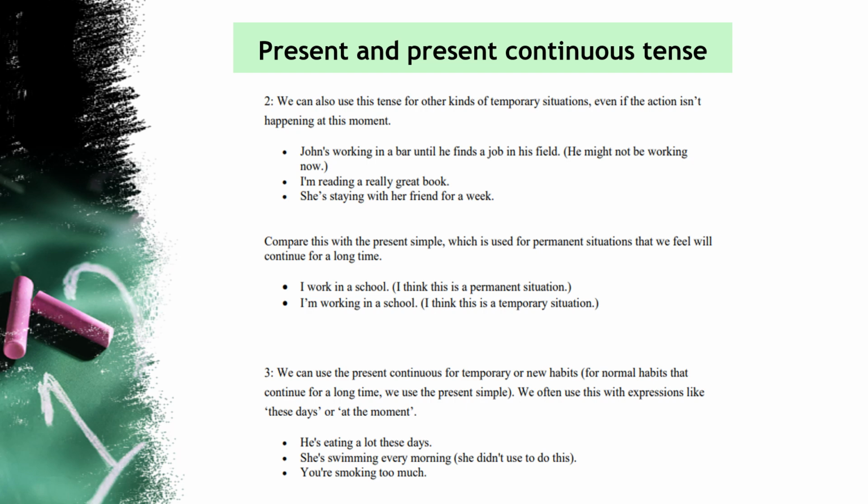John is working in a bar until he finds a job in this field. He might not be working now, but it is something temporary, not permanent, that does take time. That's why I have to use "working." John's working in a bar until he finds a job in his field.